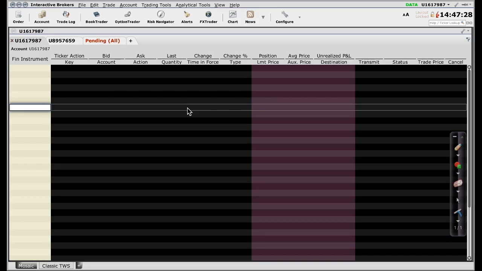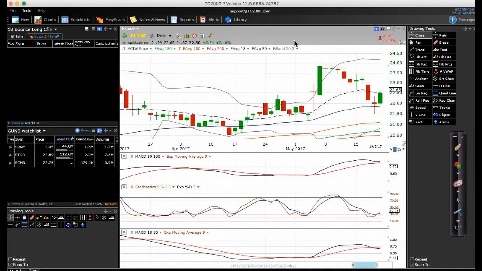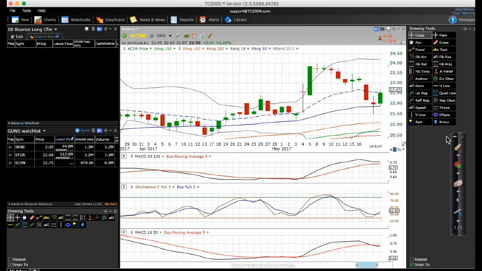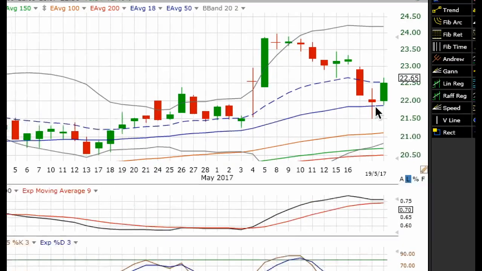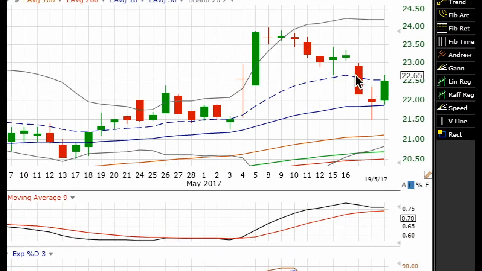So let's imagine I'd like to place a long trade. Let me bring up an example. Let's imagine I'd like to put a long entry on ACIW. As you can see, at this point in time, the price was bouncing off the 50 moving average, right? So this is a 2-candle reversal pattern.